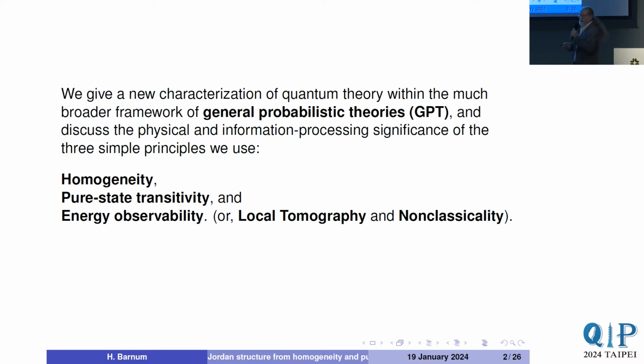But this area has been kind of revitalized by the advent of quantum information, in that now we might want to look for information processing principles that could help us characterize quantum theory.